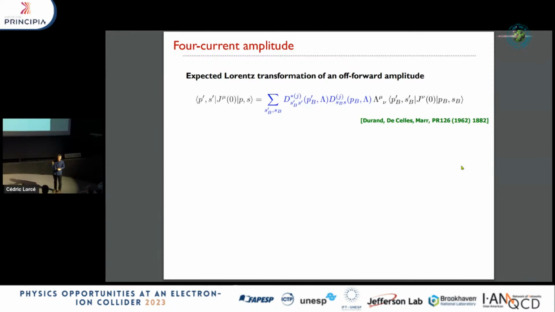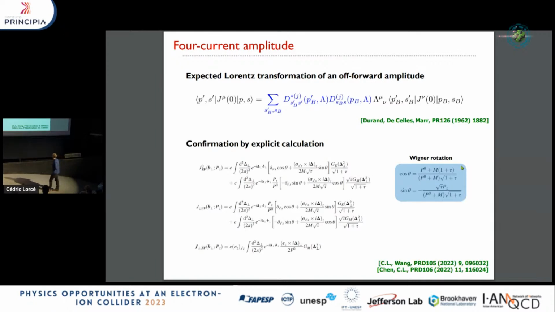if you work with light fronts, infinite momentum frame, or Breit frame. It's the same picture. As soon as you have spin, you have the spin rotation, and this changes the apparent picture or the spatial distribution. And to show that this formula is indeed correct, well, we computed explicitly the left-hand side with the ordinary Dirac spinors and tried to put things in a form that would be consistent with that. So we expressed everything in terms of the Breit frame amplitudes, which are on the right-hand side over here.